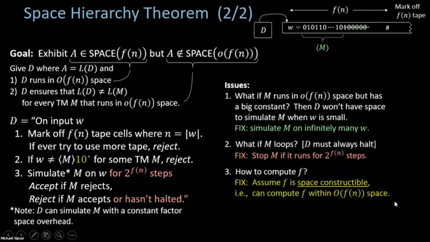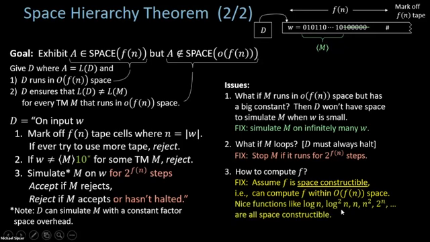And that's just going to be a condition we're going to impose on f. It's so-called space constructible, namely that you can compute it within its own space bound. And all nice functions that we care about are going to be space constructible. It doesn't turn out to be an obstacle to applying the hierarchy theorem, but it is a condition that we need. It actually is not true without that condition.